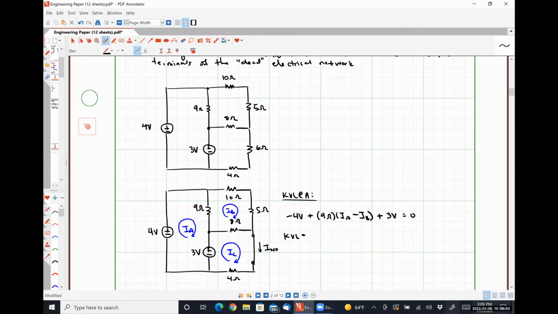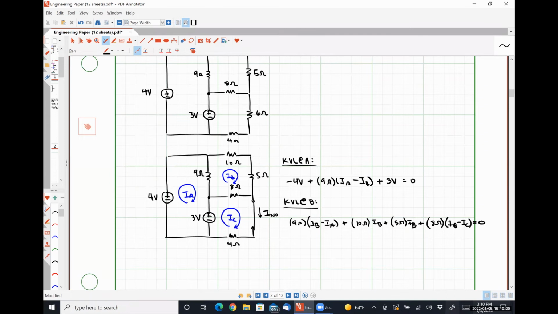Our KVL at mesh B equation will change a little bit. Skylar, do you want to walk me through it? Equals 0. Thank you so much. That's absolutely correct.